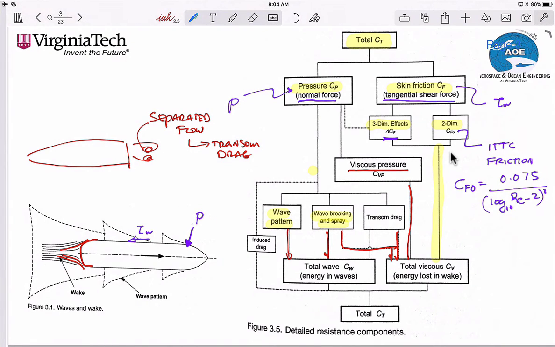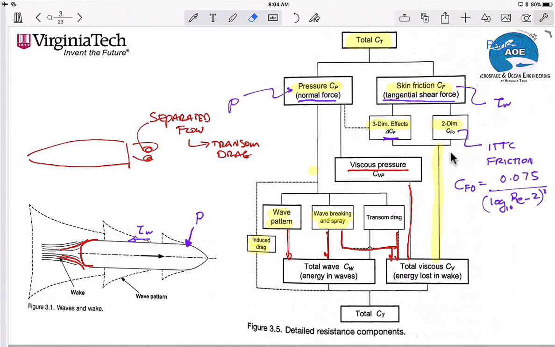There is an induced drag due to lift on the hull, just like when we're talking about airplanes. Whenever you generate lift, you generate induced drag. So for high-speed ships that are lifting bodies, you'll generate induced drag.